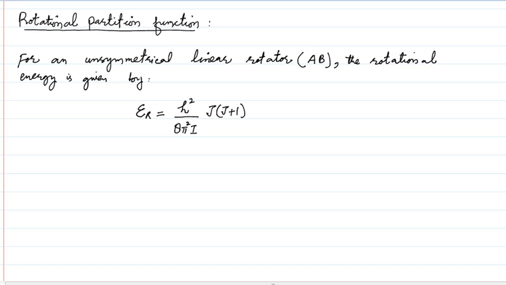So here h is Planck's constant, I is moment of inertia, j is rotational quantum number, and this can be written in this form also: h c B j into j plus 1. So this will be our equation first.